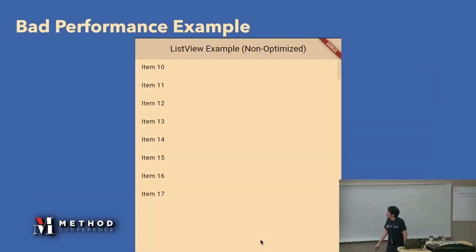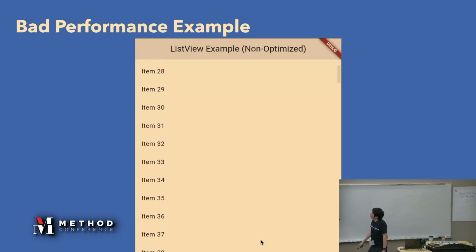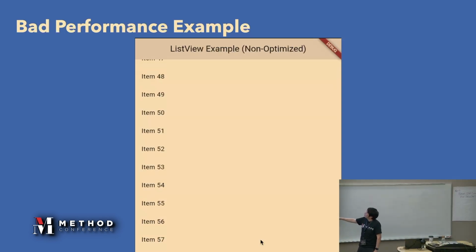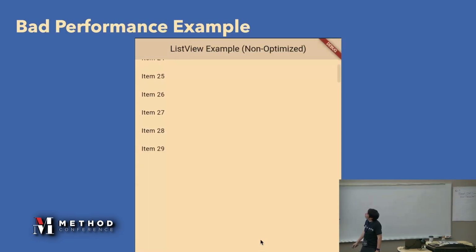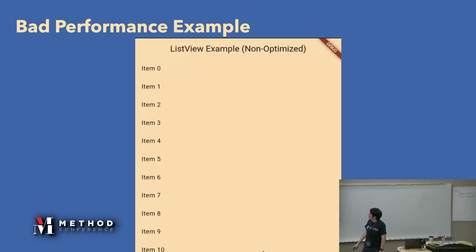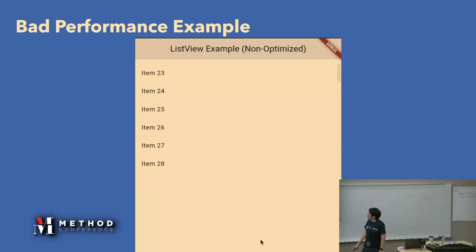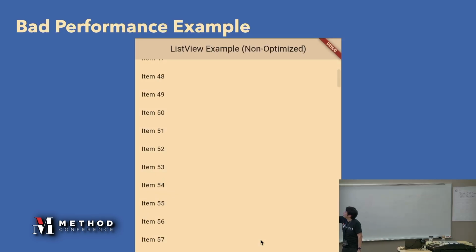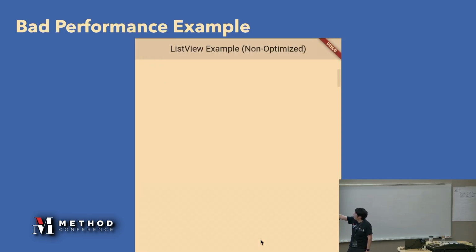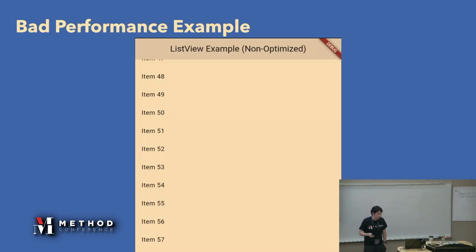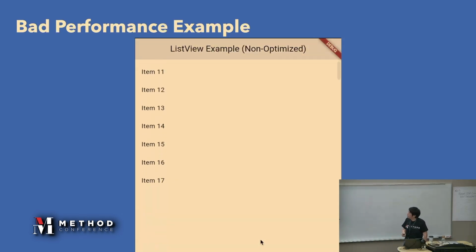Here is an example. As I showed earlier, it's very simple, showing some lines like this. But as you can understand, here are some performance problems like this. This screen doesn't show as we expect. The performance is very bad. So we have to analyze the cause of this problem.